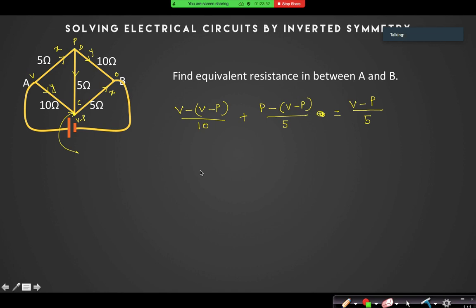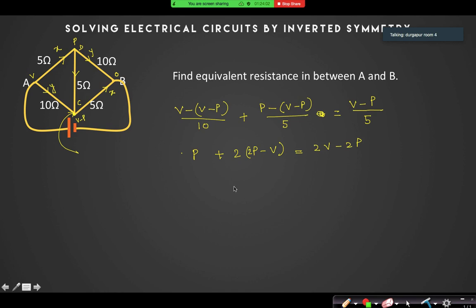Yes, sir. If I multiply it with 10, then V minus V cancels, so it is P plus 2 into (P minus V plus P), that is 2 into (2P minus V), and that is equal to 2 into (V minus 2P).